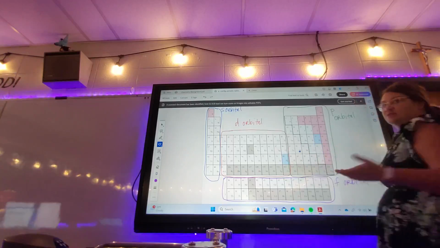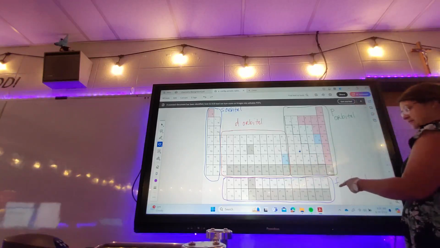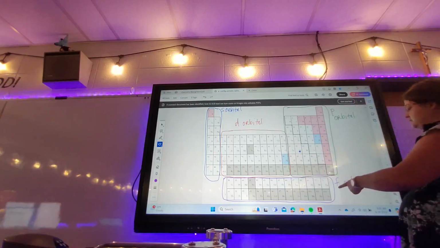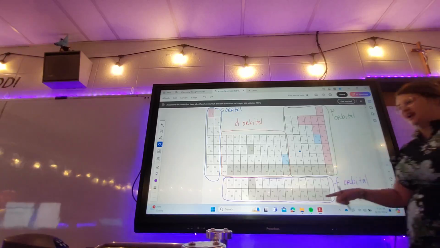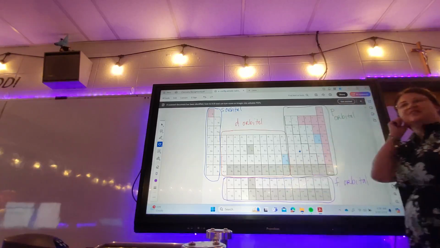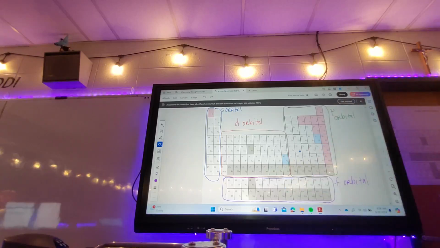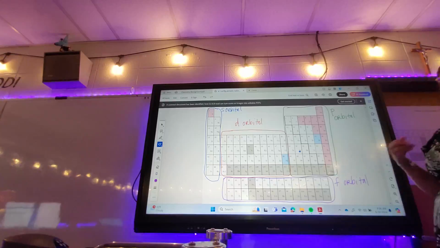There's 10 columns, so there can be 10 electrons. There are 14 electrons, so there are 14 columns. There are very few things, I think, in life that are this neat and orderly, and so it makes my heart a little bit happy.